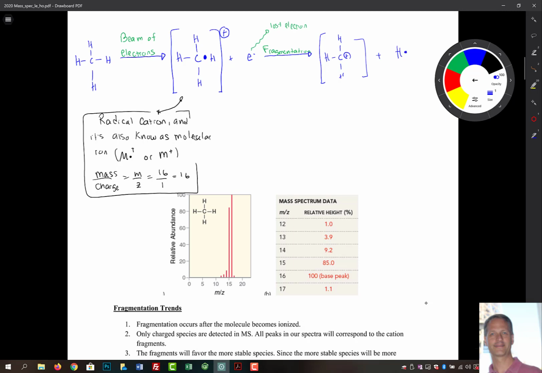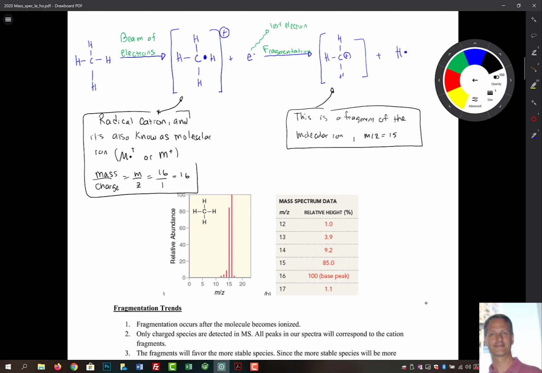A couple things about that. This thing right here is a fragment of that molecular ion. For this, the charge is 1, so the mass to charge for that is equal to 15 because it lost a proton.